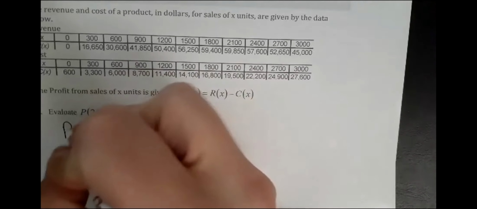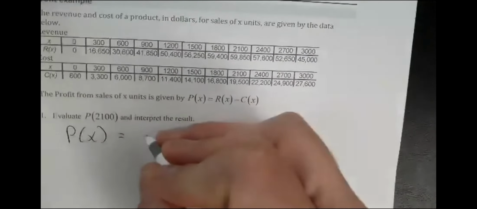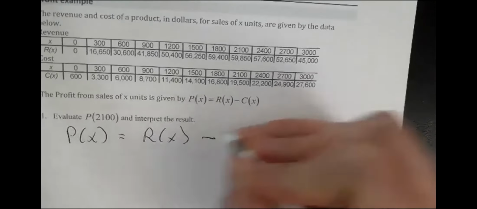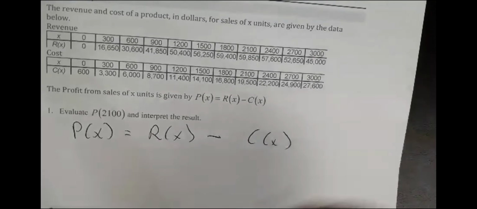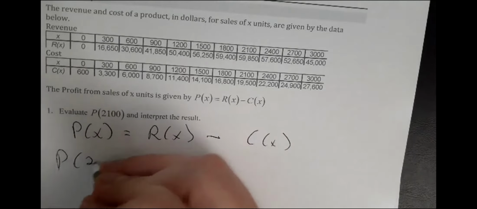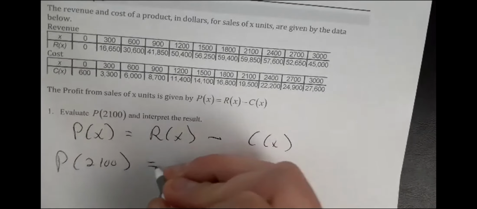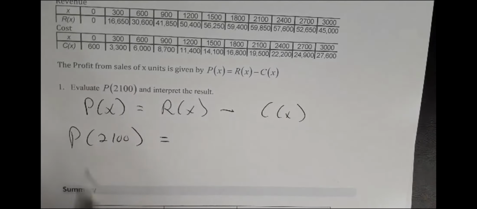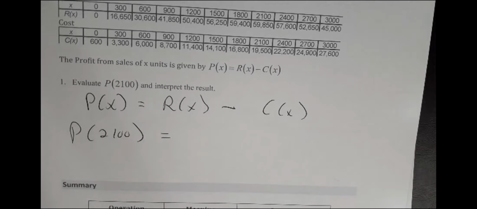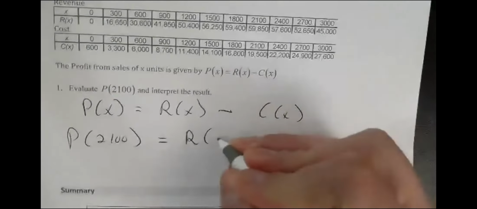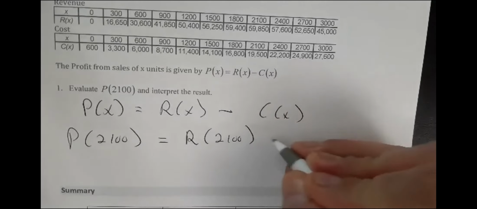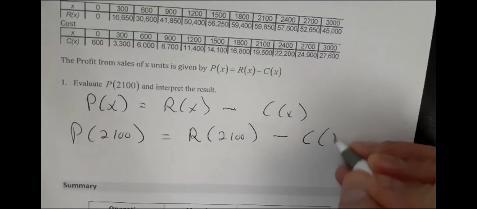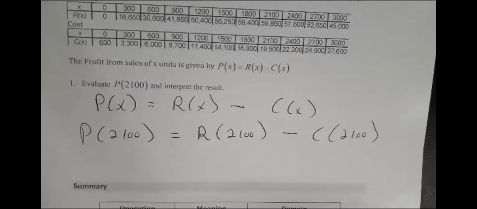So if I'm looking along here, they give us the definition P of X equals R of X minus C of X. And so if I do P of 2100, this is equal to, and if I'm looking here, this 2100 is taking the place of the X. It is an X value. So I want to figure out what R of 2100 is, and I want to figure out what C of 2100 is, plugging these in to my X value.